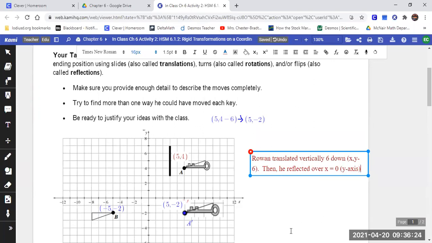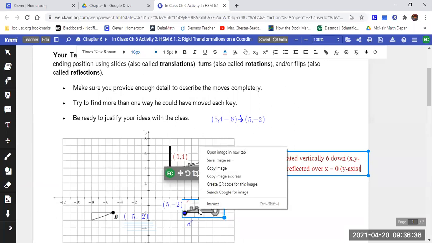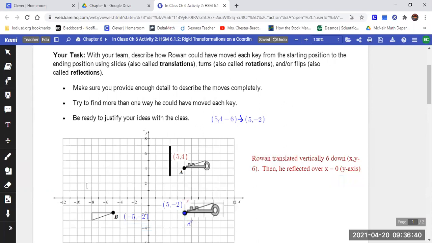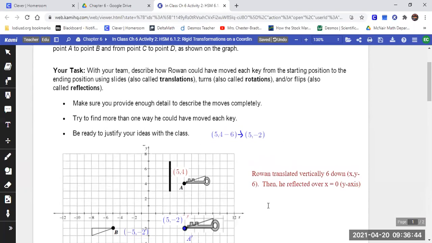So if he reflects over the y-axis, he lands over here, right, at 5, -2. But is the key facing the correct direction? So I'm going to copy my key, and I'm going to see if it's going to let me reflect it. We shall see.